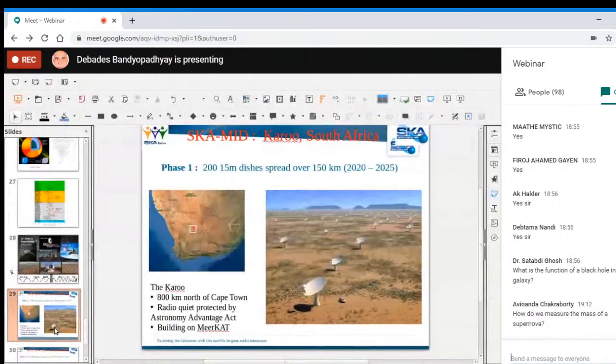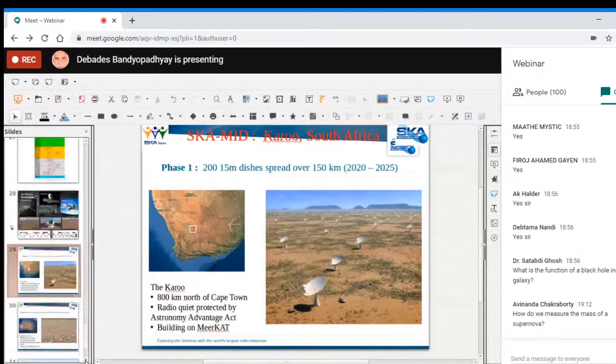It will be co-located in 2 places, one in South Africa, 800 kilometers north of Cape Town, and this will be mainly made of dishes. I showed that it's like our GMRT dishes, but the technology is different compared to our GMRT.